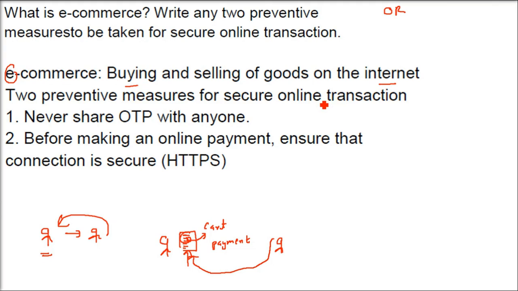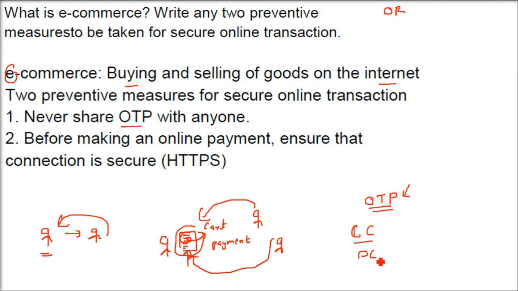See, now when you are working on the internet, you are paying, you are using the internet. If somebody has made the internet, there are people who can break it also. They are crackers also. They are fraudulent people. So there are certain preventive measures for your secure online transaction. First of all, you don't need to share the OTP. Previously there was no OTP.